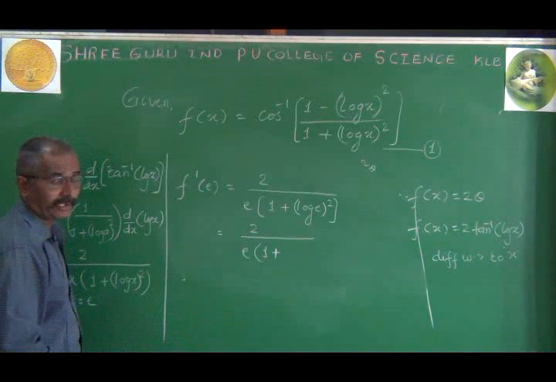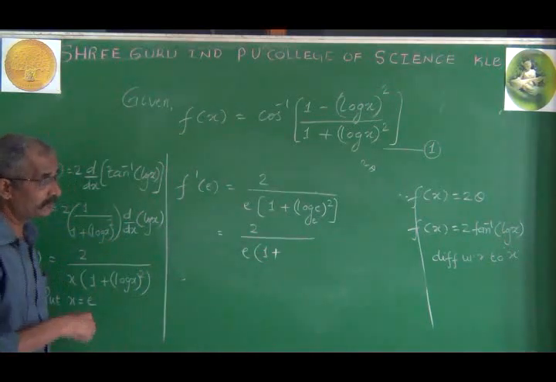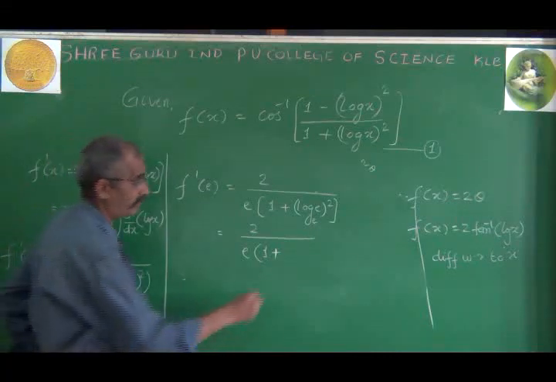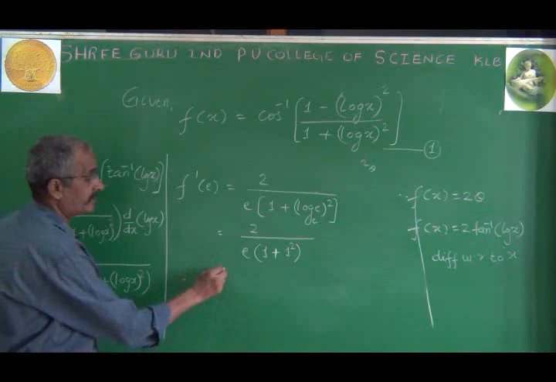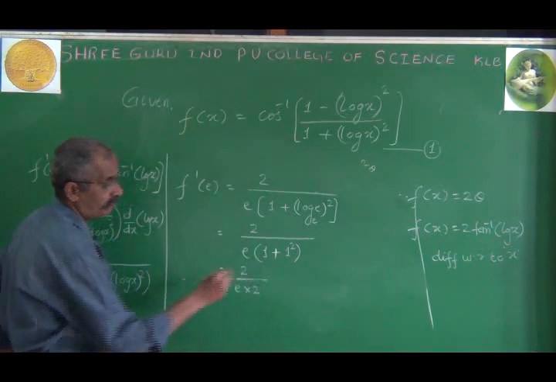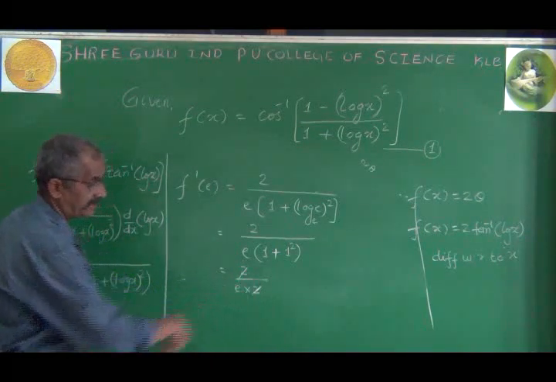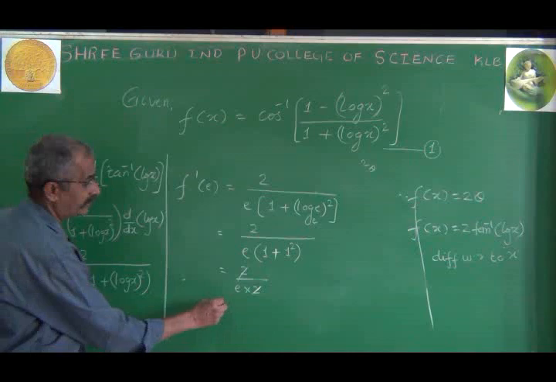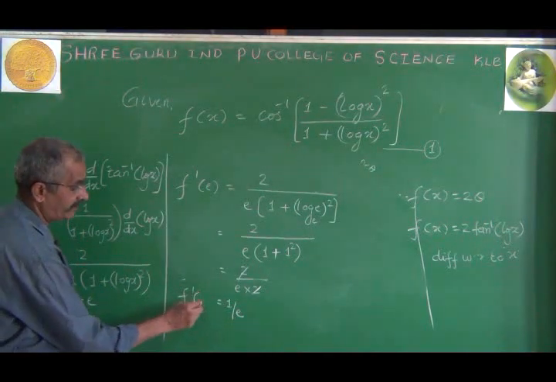As you know, especially in calculus, in logarithms, with no base mentioned, it is always base e. So log e to the base e value is 1. That means it is 1 square. That is 2 divided by e into 1 square, 1 plus 1 is 2. So obviously 2 cancels because it is a non-zero quantity. The final answer is 1 divided by e, that is f dash of e.